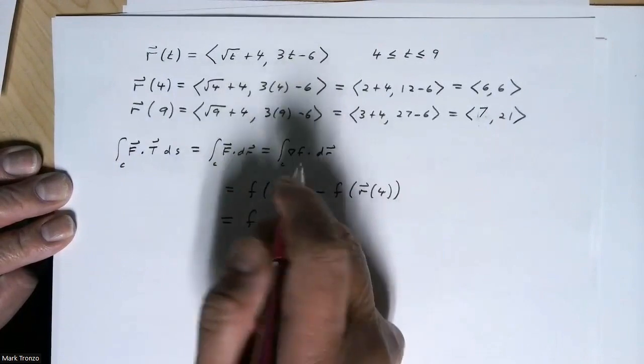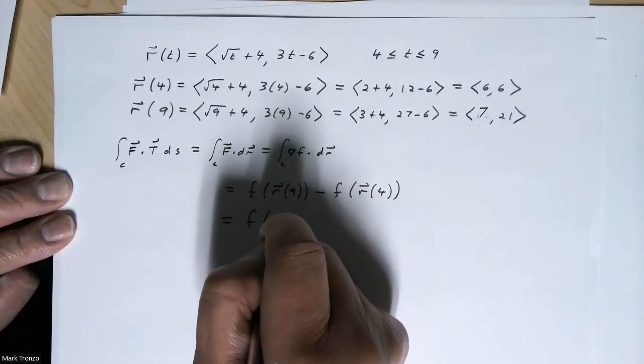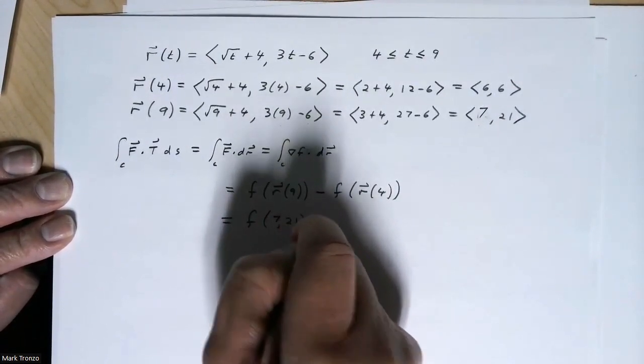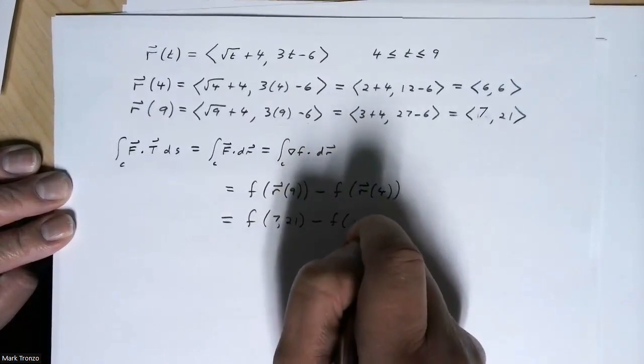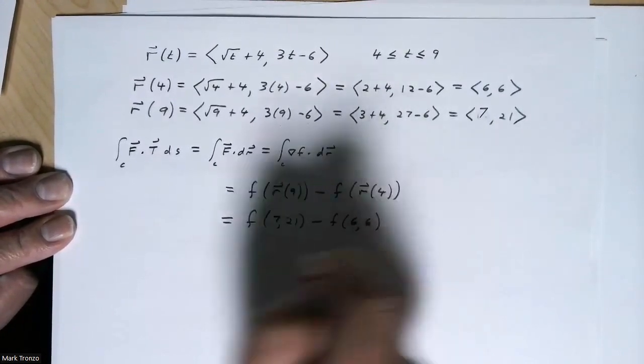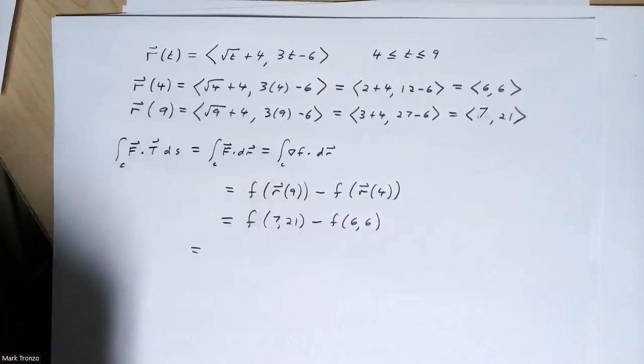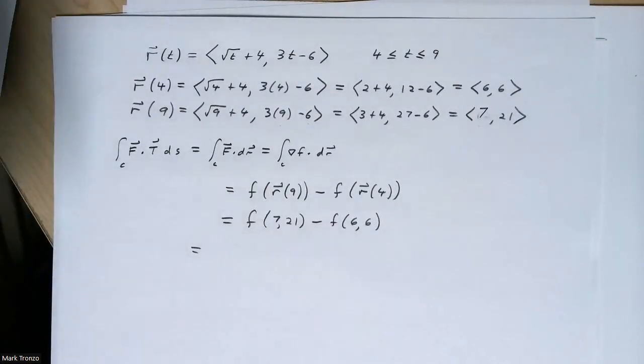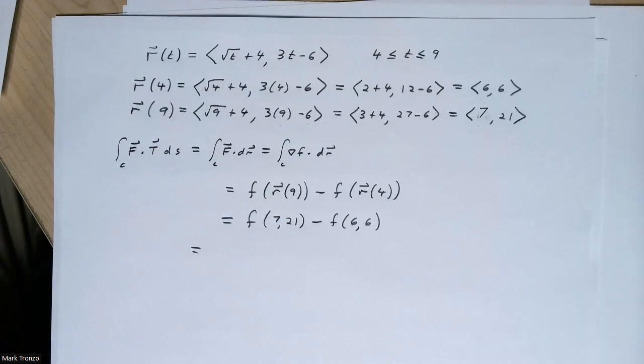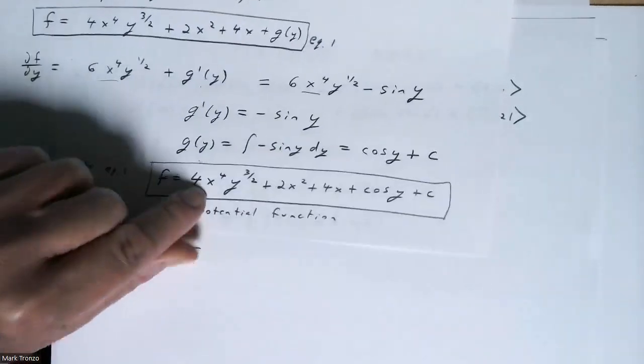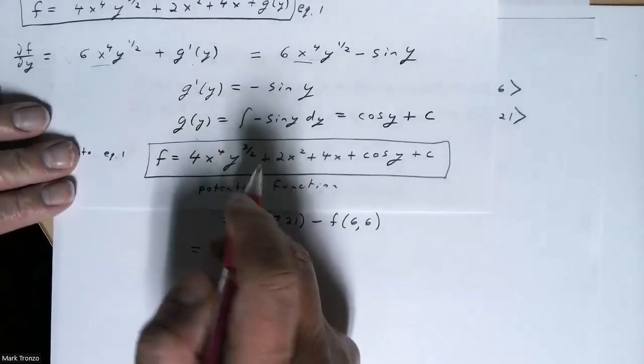So if we put 9 in here, that was 7 and 21. And this was 6 and 6. Put this into our potential function. And recall what our potential function was here.